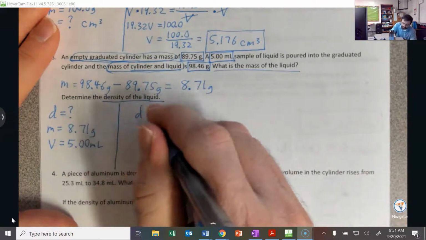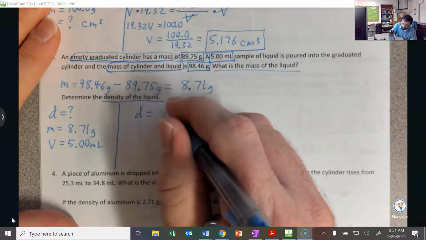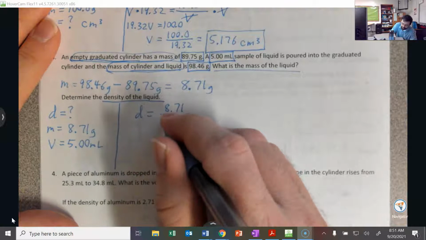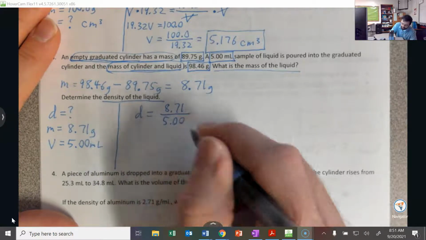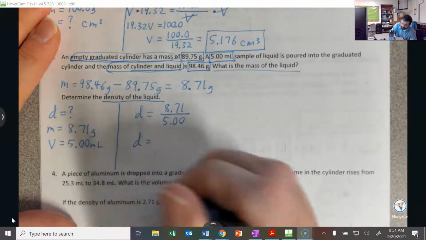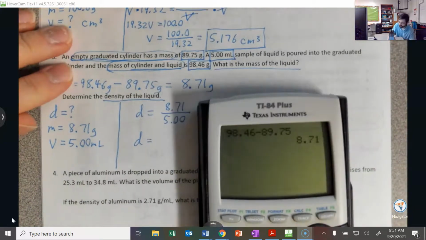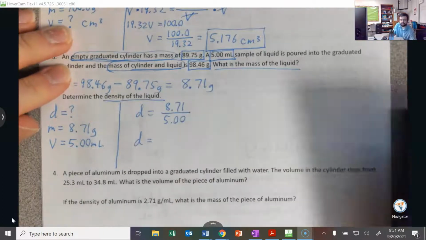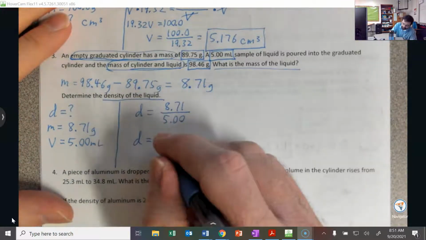So density equals mass over volume, mass being 8.71, volume being 5.00. 8.71 over 5.00. To 3 significant figures, that would be 1.74 grams per milliliter.